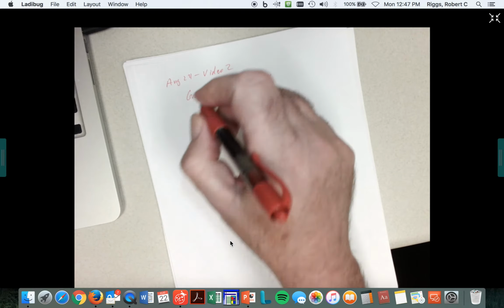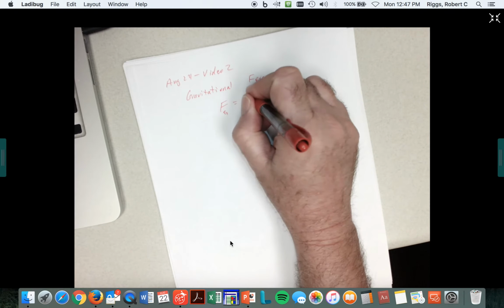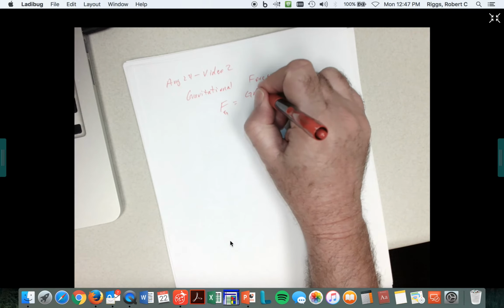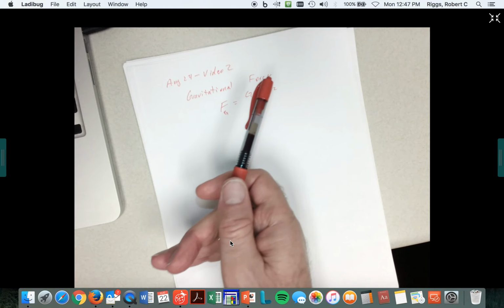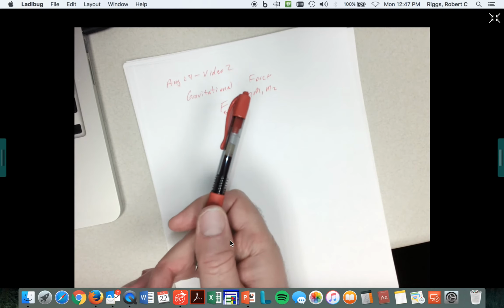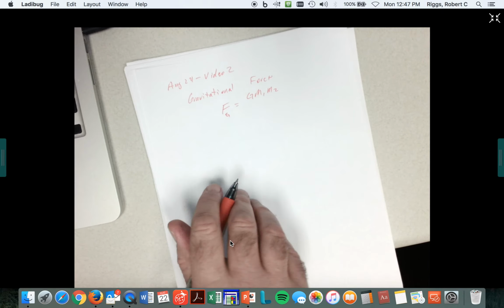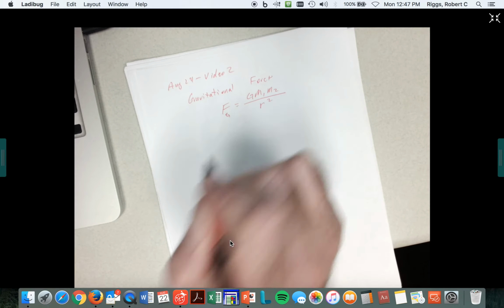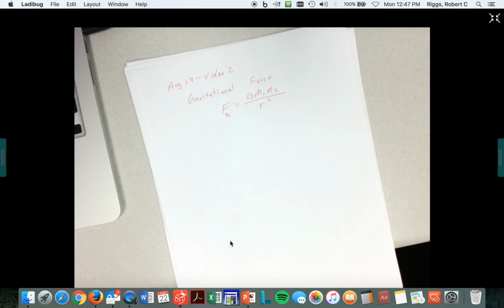But in general, you've got the gravitational constant times the mass of one object times the mass of the other. Even this pen and this computer or my desk have a gravitational attraction to each other. It's not nearly as strong as the electromagnetic forces. So G m1 m2 over r squared.